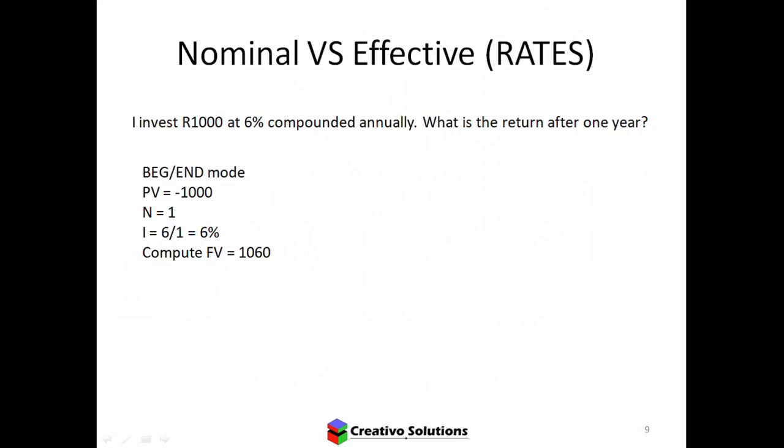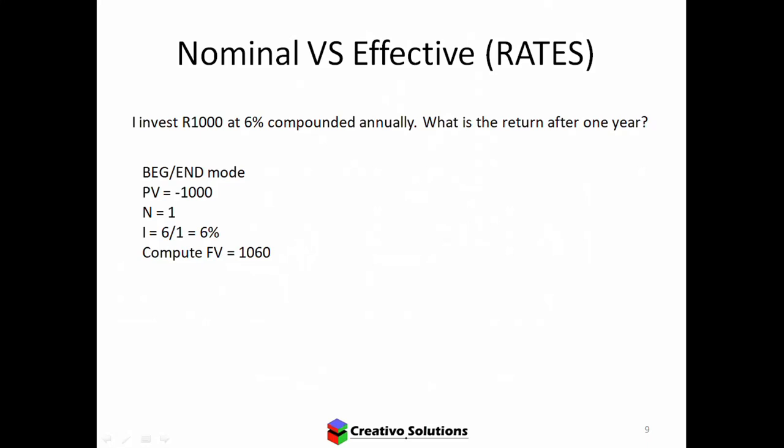Well, if I'm investing 1,000 Rand at 6% compounded annually, because this is annual compounding, that means every year you're going to be adding interest on interest. You're not going to be compounding more frequently. So if you're looking at your calculation using time value of money, this is where your financial calculator will come into consideration. You're definitely going to be using the financial calculator to do these workings and calculations.